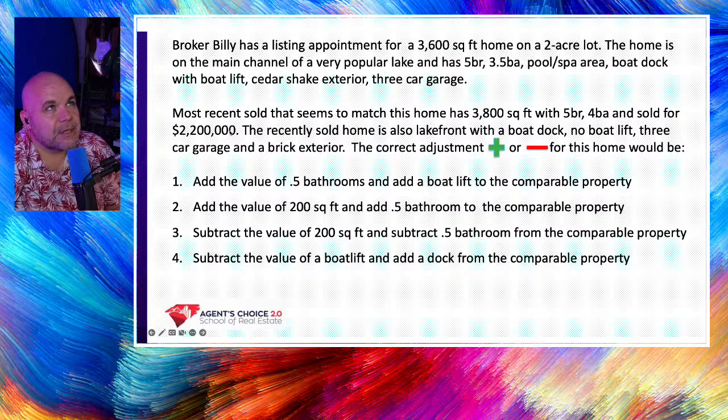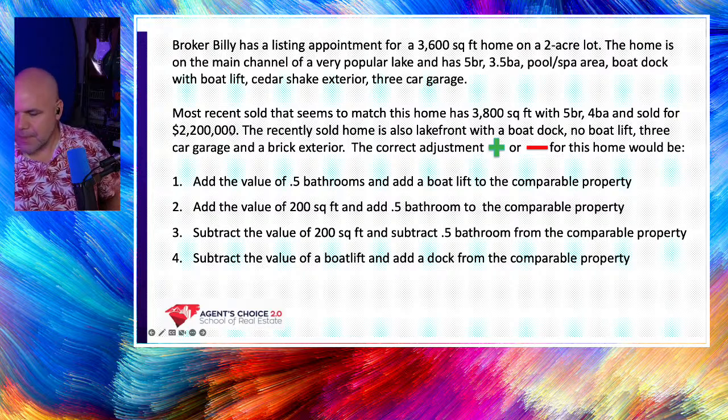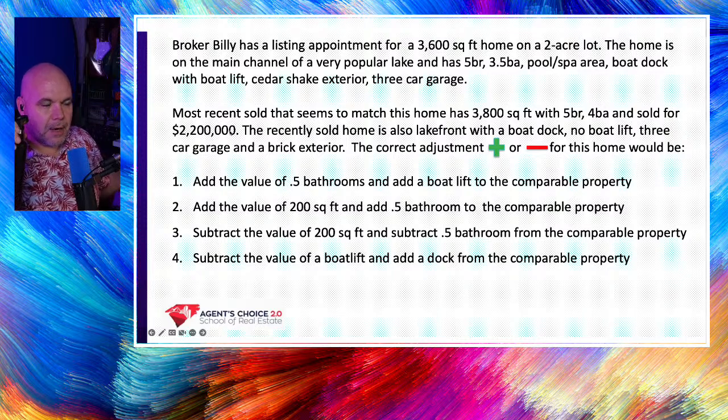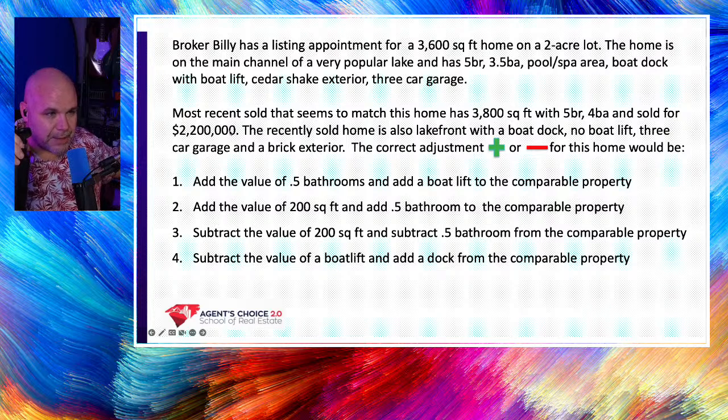They do talk about cedar shake versus brick, but none of the answer choices talk about that one. By the way, brick is probably worth more than cedar shake, right? Wood siding and vinyl siding might be kind of comparable. Depends on the age, but hardy plank, that concrete composite, is better than both of those because it doesn't require maintenance except maybe painting.